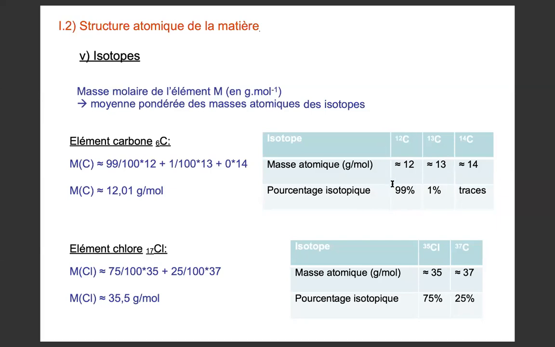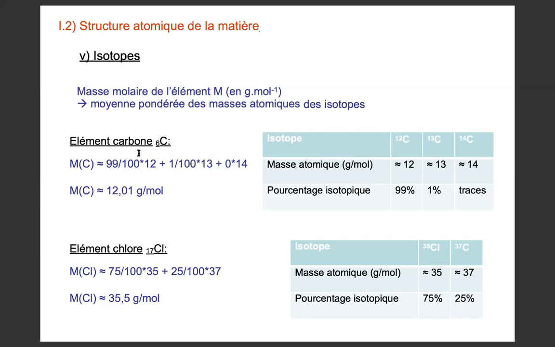Now, to get the relative isotopic mass, please follow me with the calculations. 99% times 12. 99% can also be written as 99 over 100 multiplied by the mass of the atom.